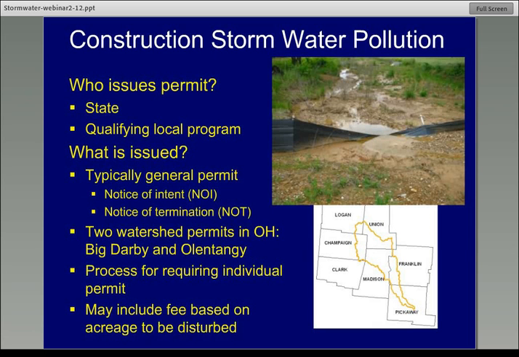The waivers are legal, but they need to have a process. And for the most part, anything over 1 acre should have a construction stormwater permit.